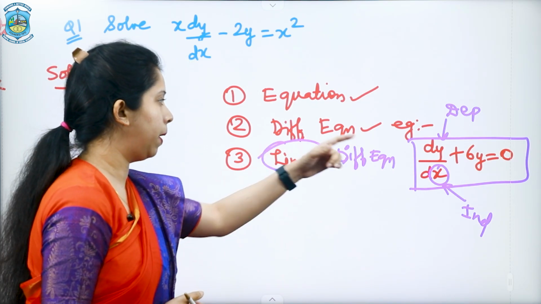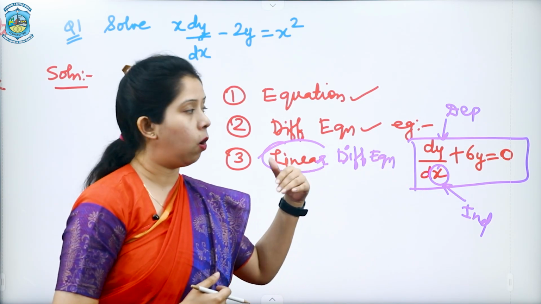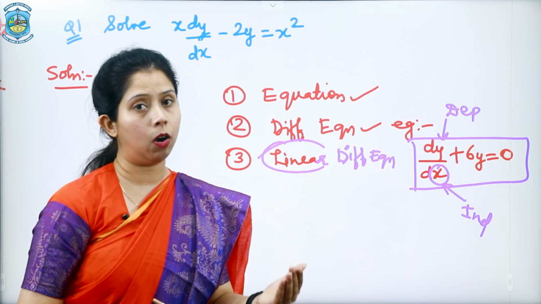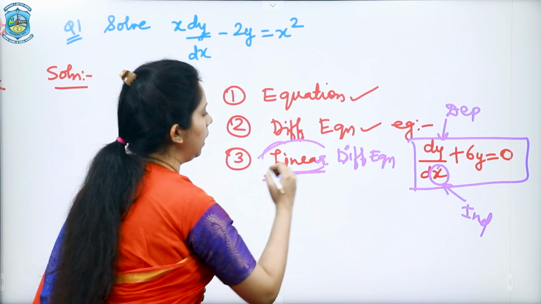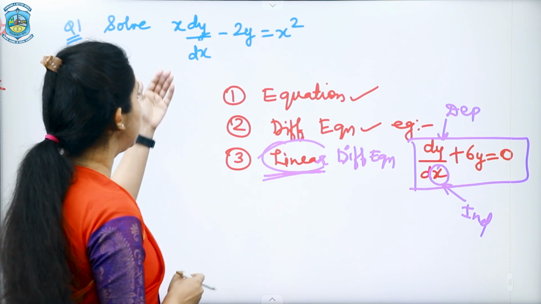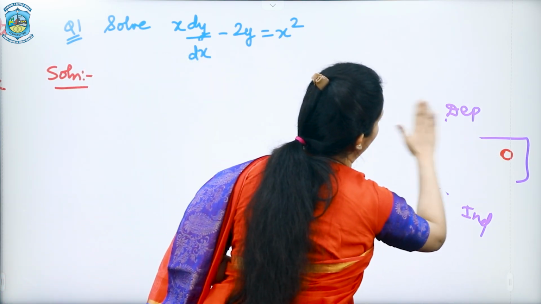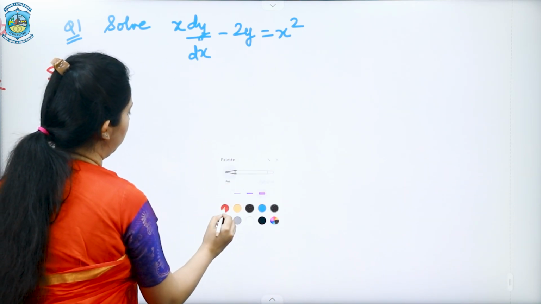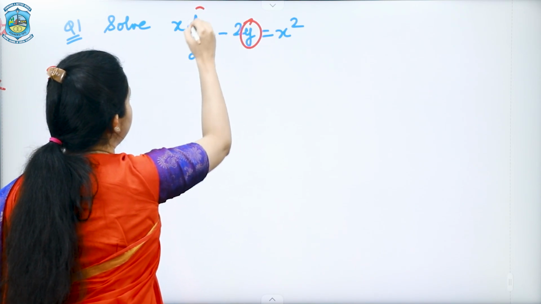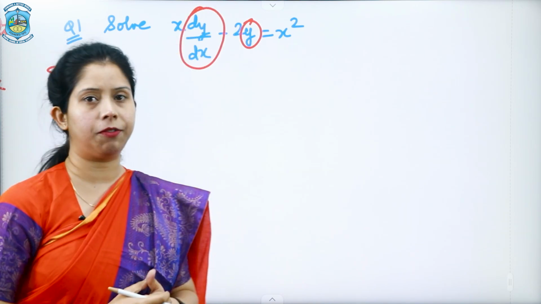If the dependent variable y and its derivatives appearing in the equation are all of degree 1, then that differential equation is called a linear differential equation. So this example is a linear differential equation because here the dependent variable y and its derivatives are of degree 1.